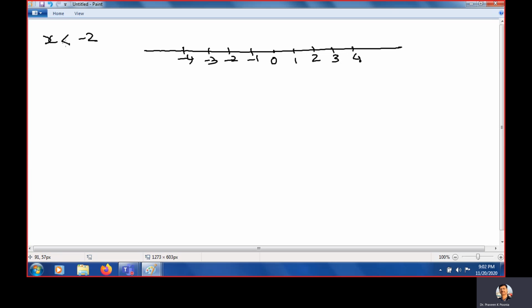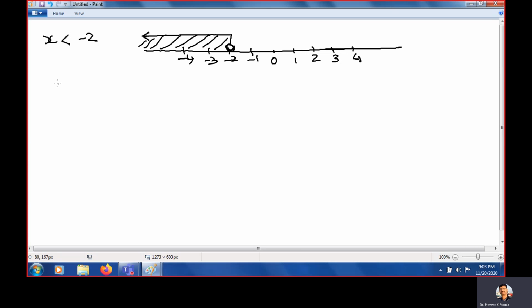So it is less than -2. Okay, so we will make an empty circle. You can call it an open dot, open circle. In your material, it is written as open dot. Less than means this side, and cover it because all values are coming in this region.